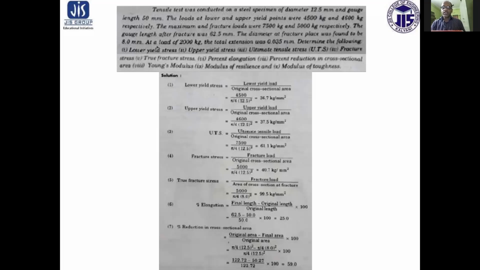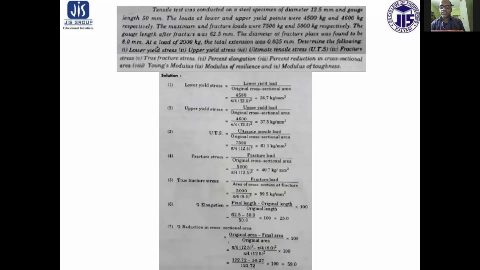UTS, that is ultimate tensile strength, is the ultimate tensile load divided by original cross sectional area. The ultimate tensile load for this problem is given as 7500 kg and the original cross sectional area remains the same, pi by 4 into 12.5 square, which will give 61.1 kg per millimeter square.